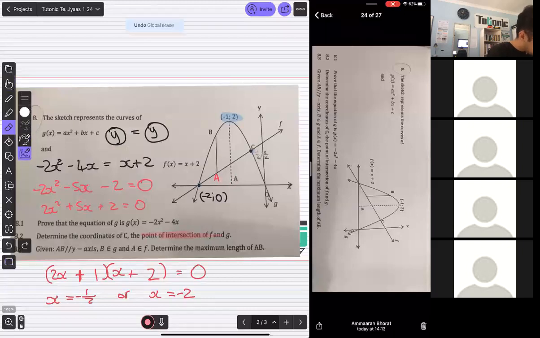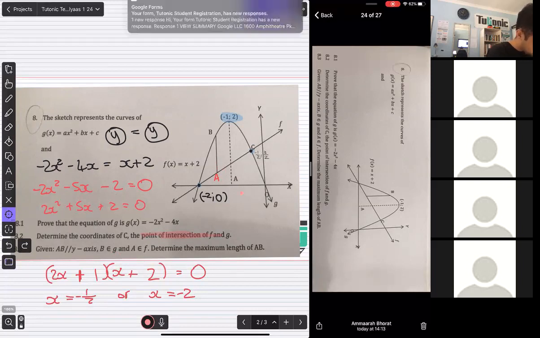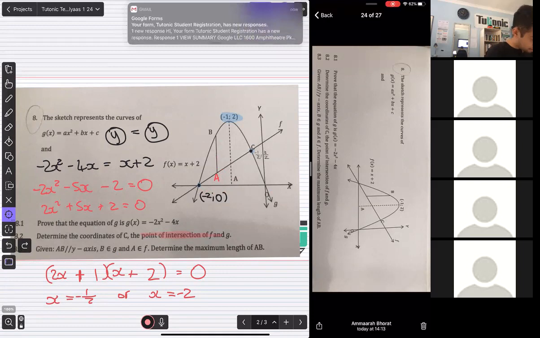So basically they're saying, given that AB is parallel to the y-axis and B is an element of G. So B is an element of G, which means that it's confined to G. Okay, fine, sure. And A is an element of F.